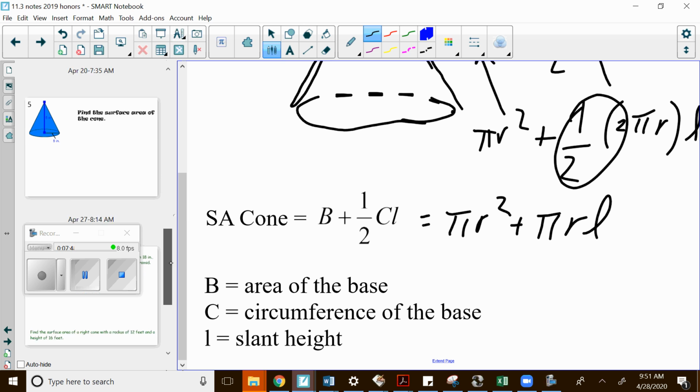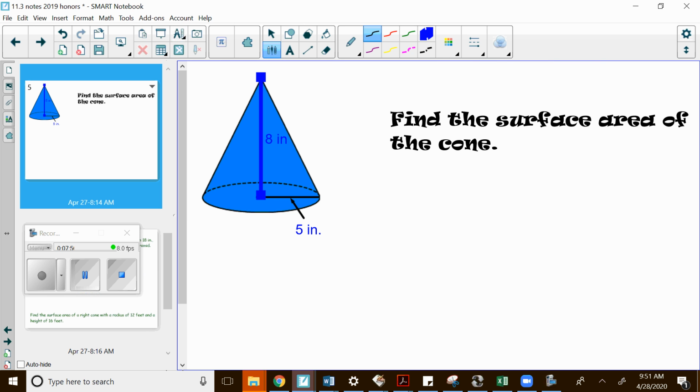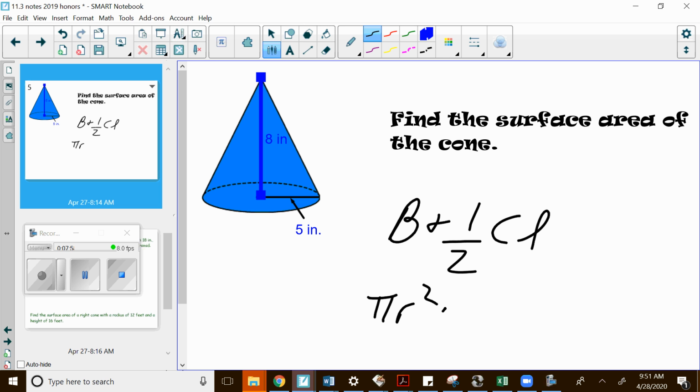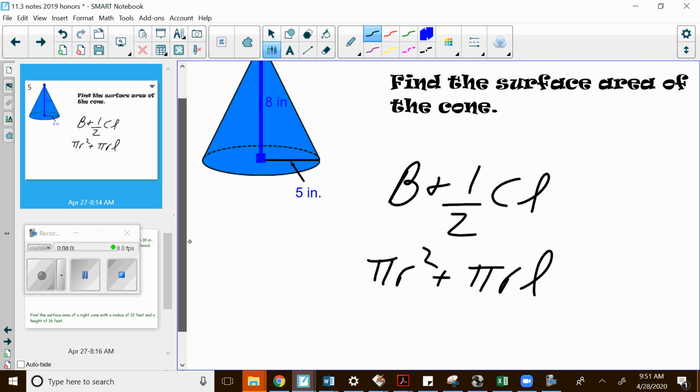Okay, so if you go to a cone and we're given these dimensions right here, the surface area of this cone is base plus 1/2 times CL, which is pi r squared plus pi rl, which remember L stands for slant height.